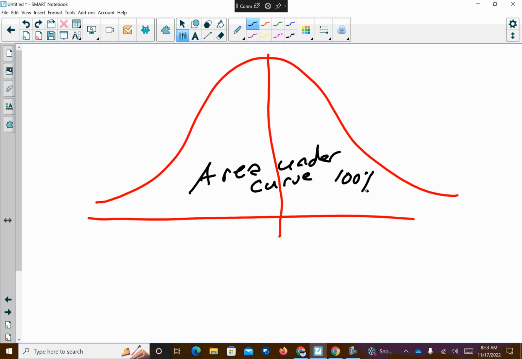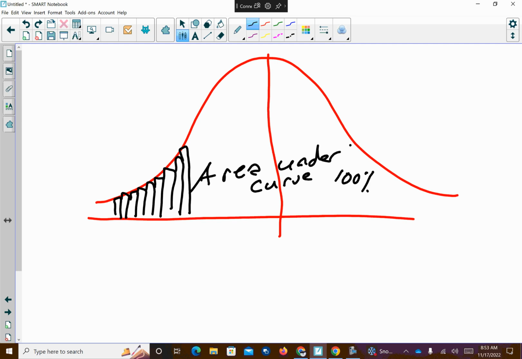Does that make sense? Okay, so when I say area, I'm talking literally length times width. What you're really thinking about is if you had a whole bunch of rectangles in here, and if you've ever taken calculus or pre-calculus, you may have heard a term called Riemann sums, which means you're summing up these rectangles, and if you add up all the areas of those rectangles, they're going to account for 100% of our area.